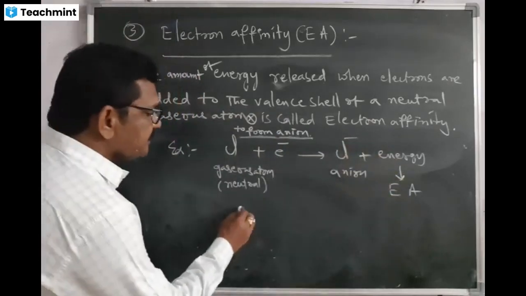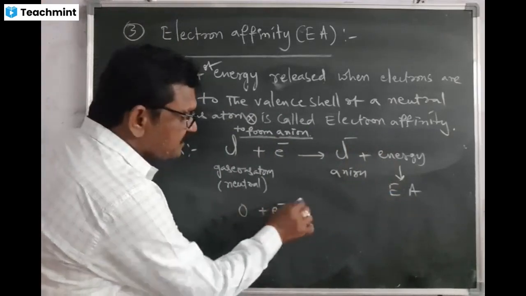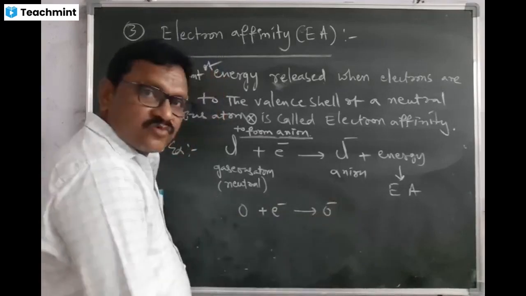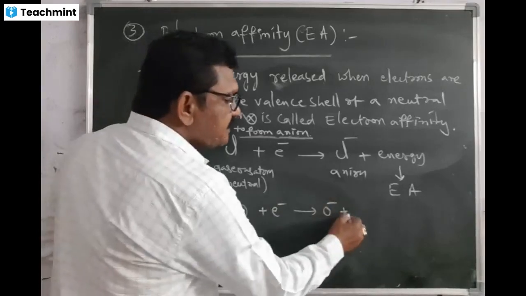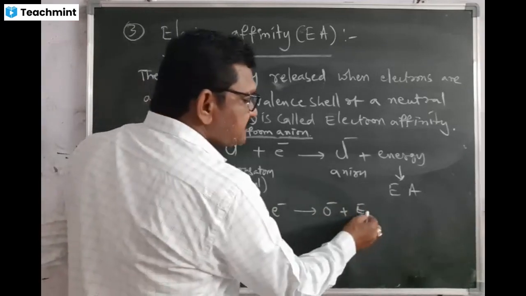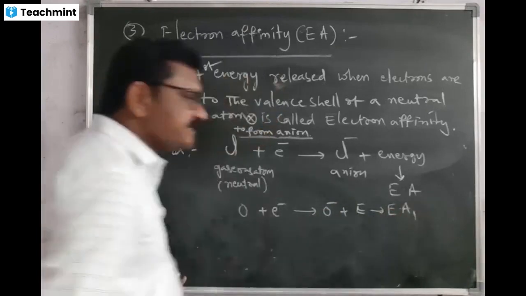For example, you can take oxygen, a neutral atom. To this you add one electron. Here oxygen changes to O minus and releases energy. This energy we consider as electron affinity 1, EA1.